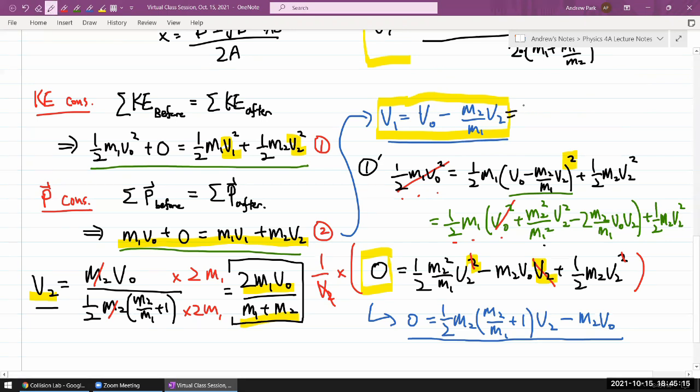So this is equal to v naught minus m2 over m1 times this expression for v2, which is going to be 2 m1 v naught over m1 plus m2. You see some cancellations. M1s cancel.